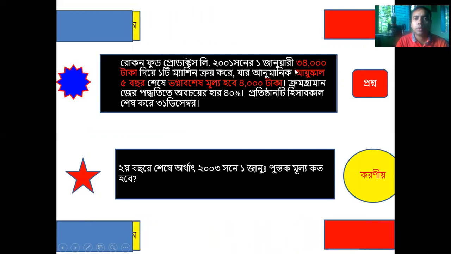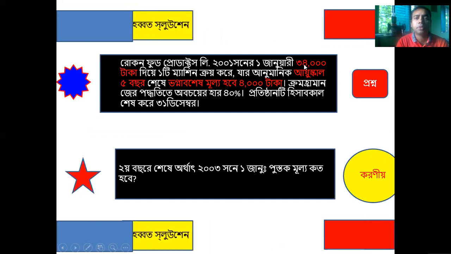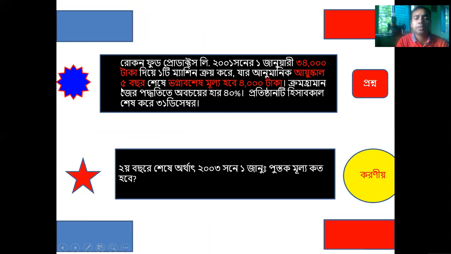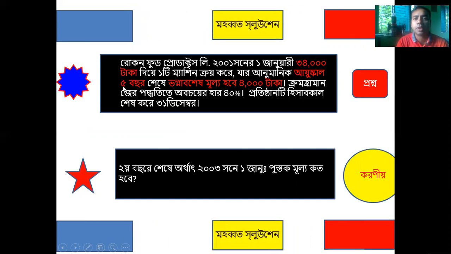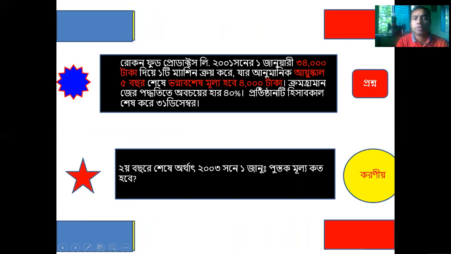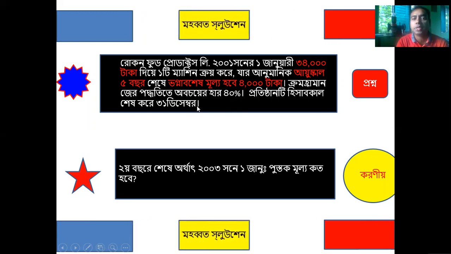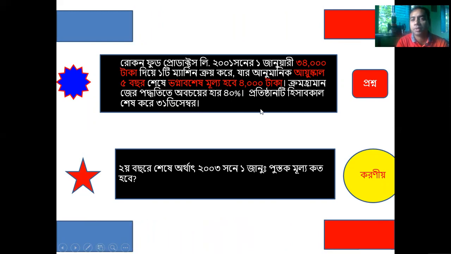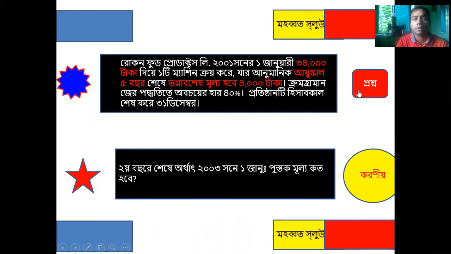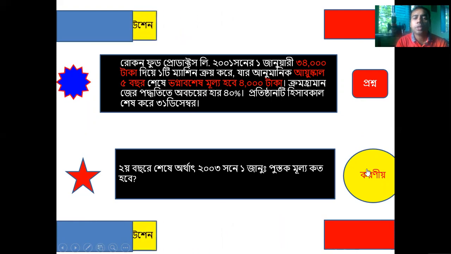This is the 1st January 2001, its acquisition cost was 34,000 and its estimated useful service life is 5 years. Residual value is 4,000 and depreciation rate is 40%, and it closes its accounts every year on 31st December. Okay, now the requirement for you.